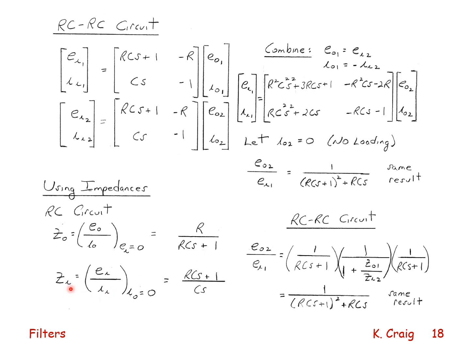The input impedance is the input voltage divided by the input current with the output current set to 0. If you solve for that, you get this result. If you plug these two results into this ratio, you get the same result.